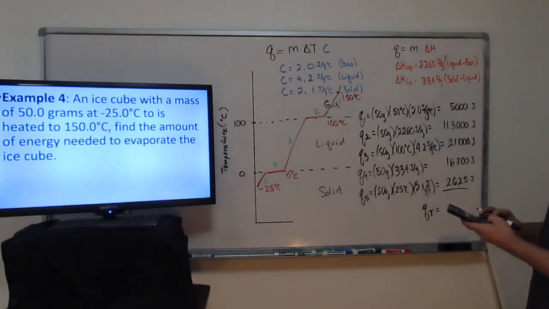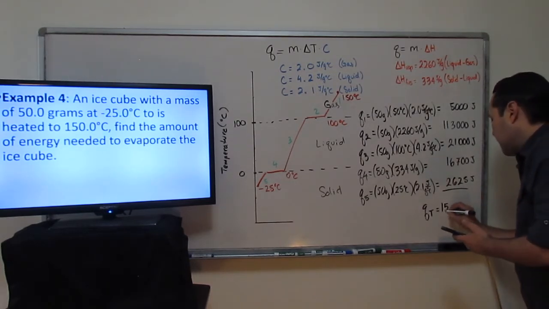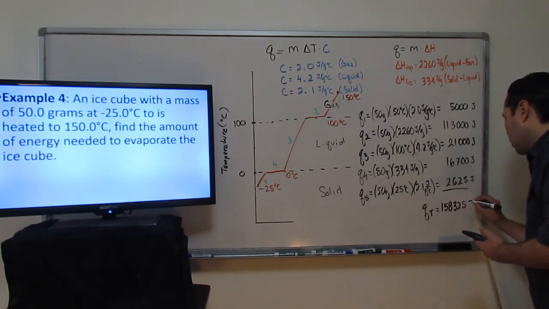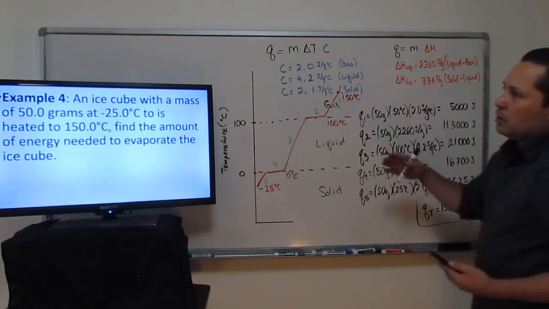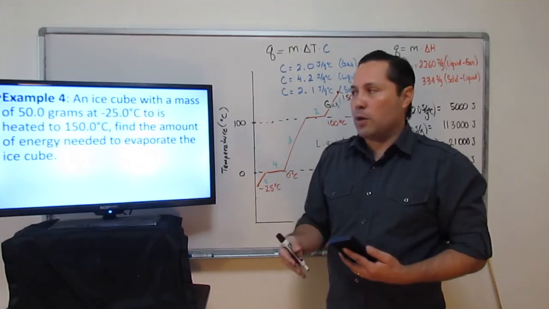So 5,000 plus 113,000 plus 21,000 plus 16,700 plus 2,625 gives me 158,325 joules of energy to convert 50 grams of ice at negative 25 all the way to steam at 150.